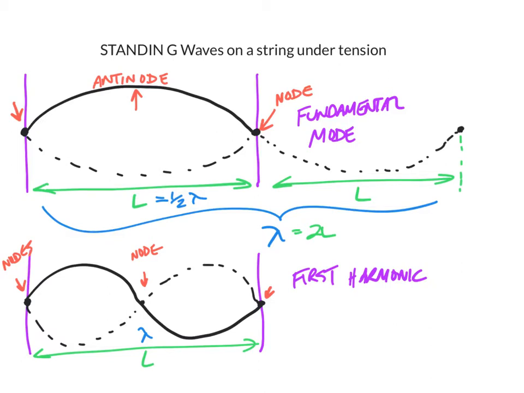And we could, here's the pattern, fundamental mode, the length is half lambda, or lambda is double the length, all right? And then we get lambda equal to the length.